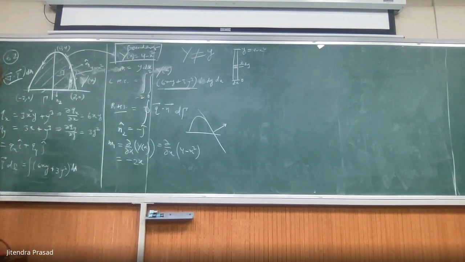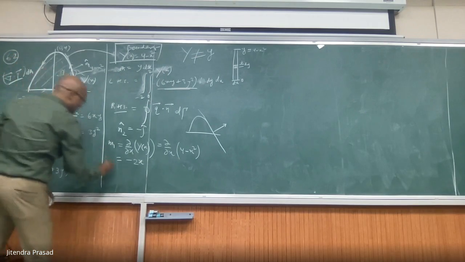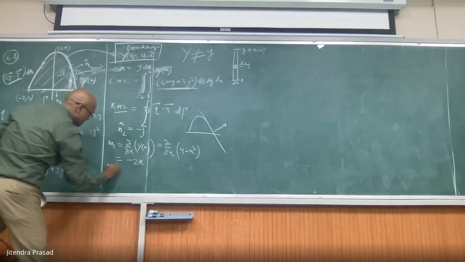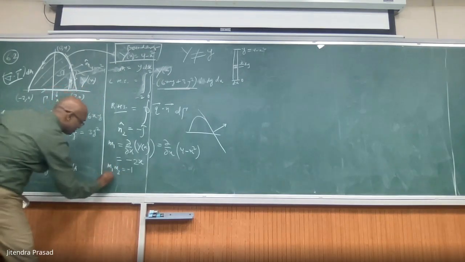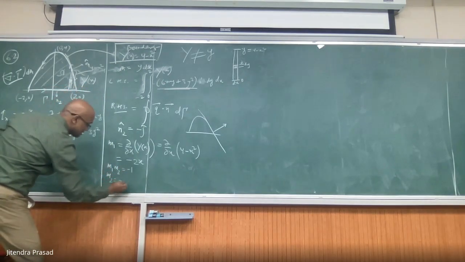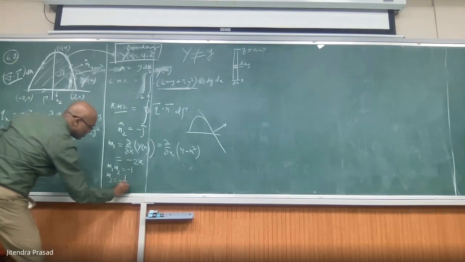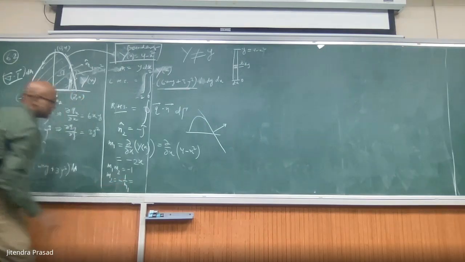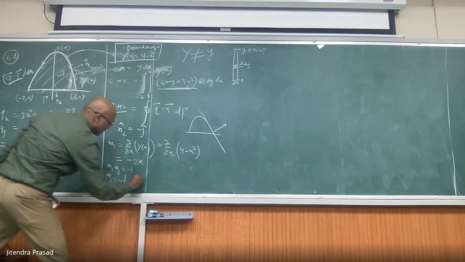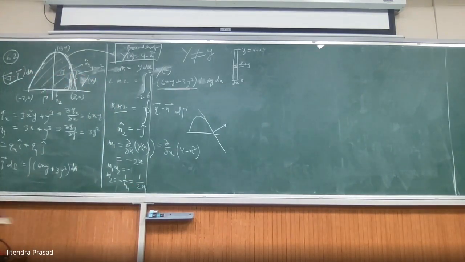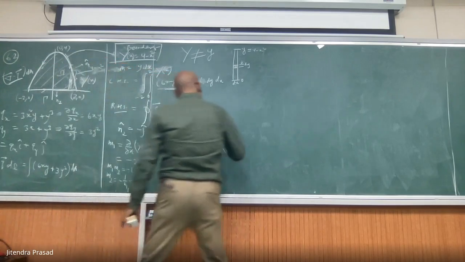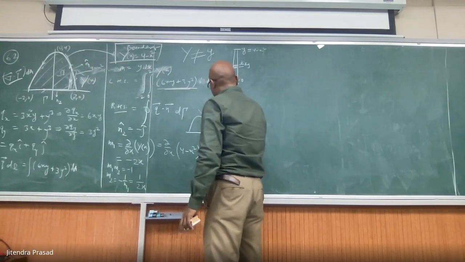Yeah, so in coordinate geometry, remember, m1 times m2 is equal to -1. So m2 is equal to minus 1 over m1, which is equal to 1 over 2x. So the slope of that, right?